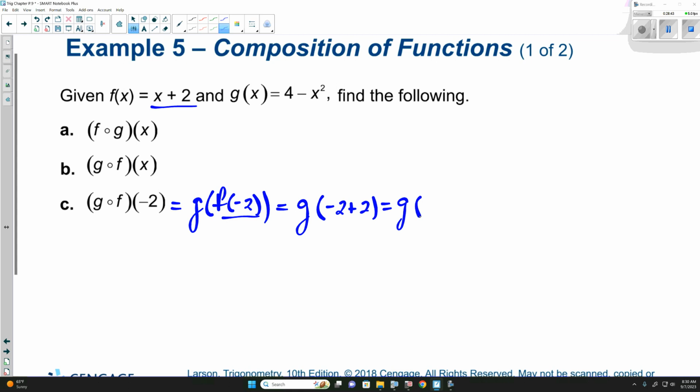And at this point, I would simplify. I'm not going to plug that into the next one, because negative 2 plus 2 is 0. Simplify where you can. Now, if it had been x plus 2, we can't just simplify that. We have to move on. But at this point here, we have g of 0. And we're going to plug 0 into g of x.